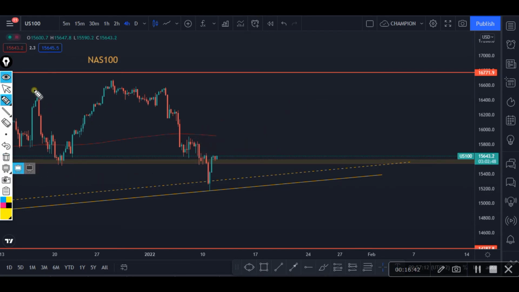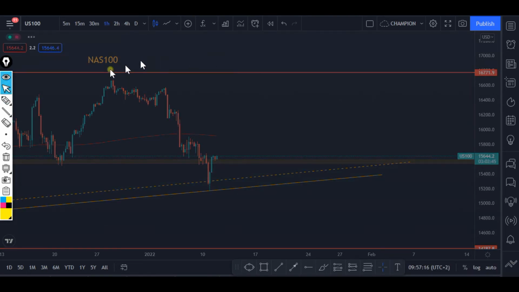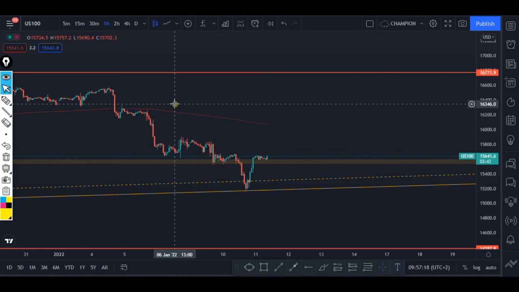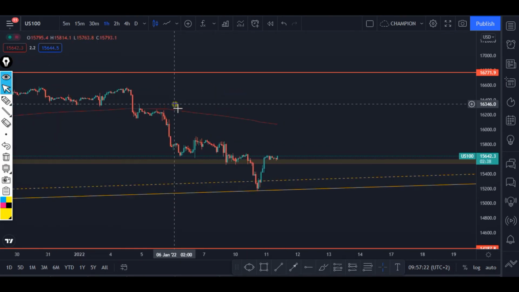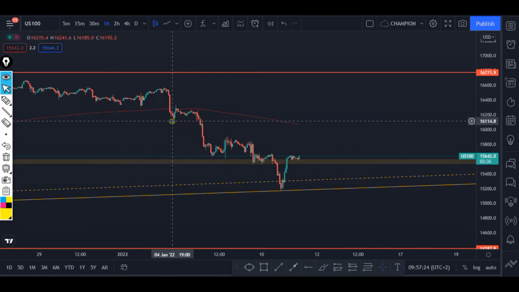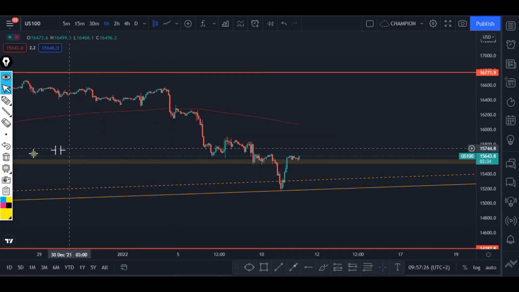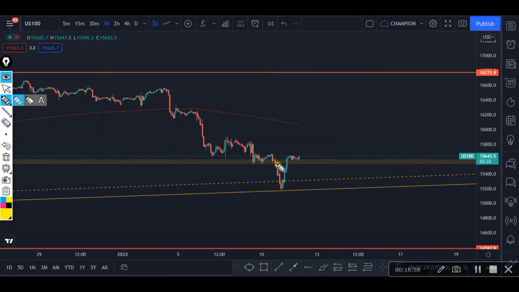This is our NASDAQ100. If we move to a closer time frame, we are able to see what we are referring to. This is very clear now.